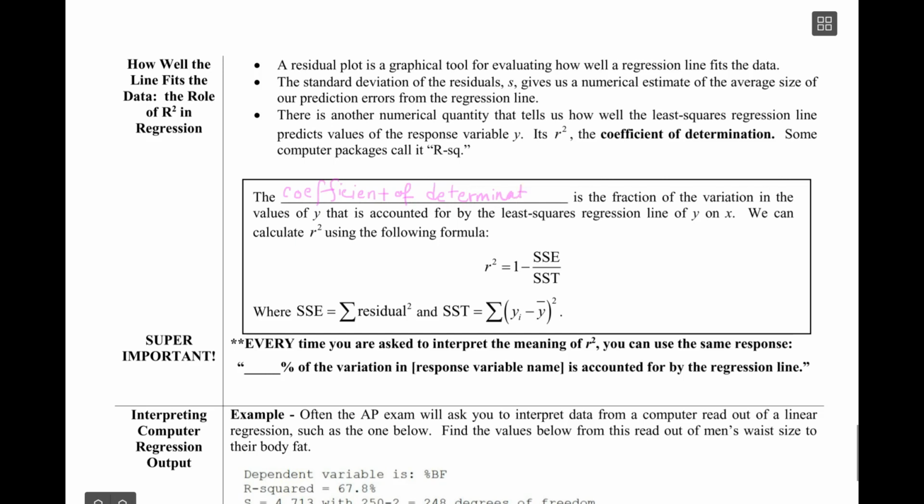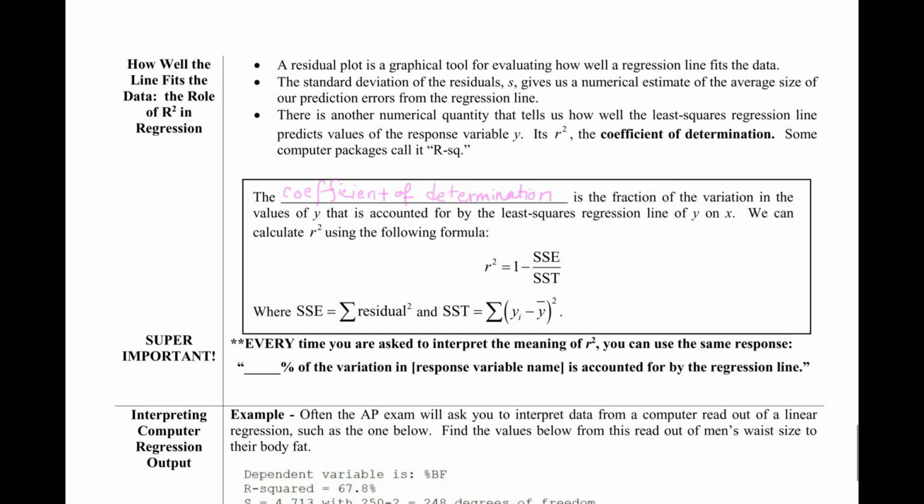Don't worry, I'll save you with the coefficient of determination. Yes. Dun da da da. I don't know why. It's just this dramatic sounding term, but it's really just R-squared. So it's the fraction of the variation in the values of y that is accounted for by the least square regression line of y on x.